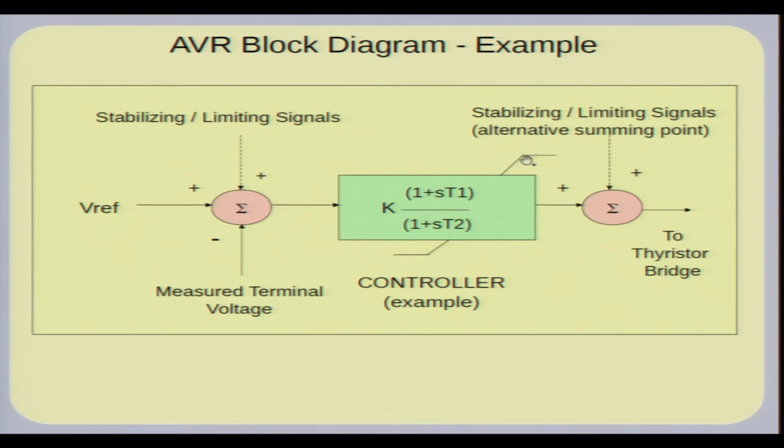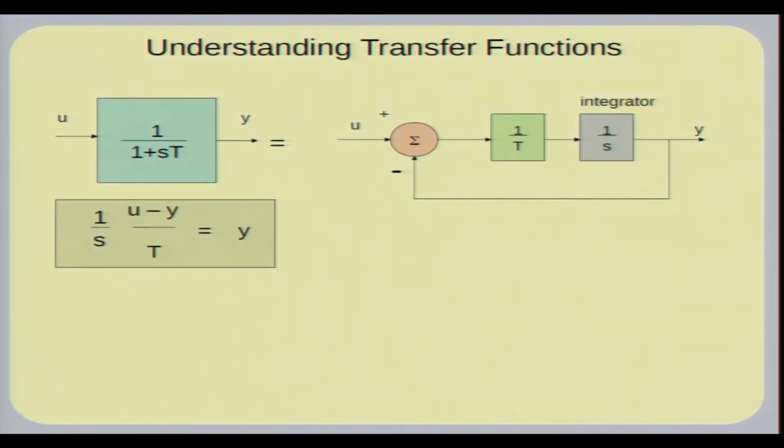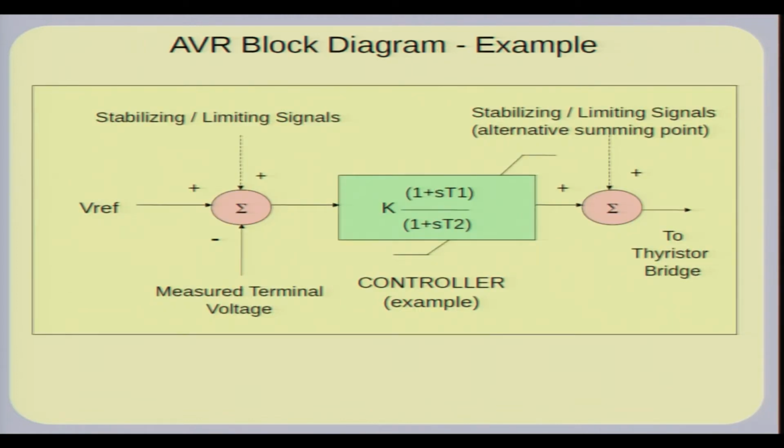So, we will quickly look at these blocks very briefly, so that you get an understanding of what they mean. Remember that the AVR is a control system which is implemented by us. So, we have some freedom in choosing the structure of what is shown in the green box here.